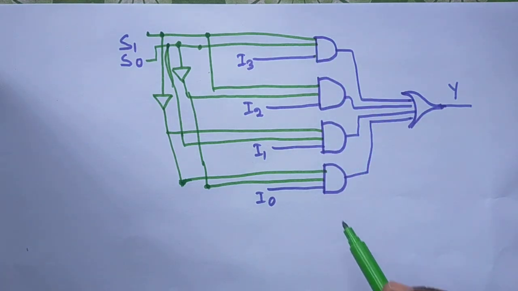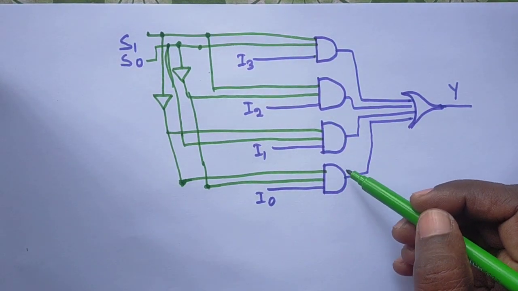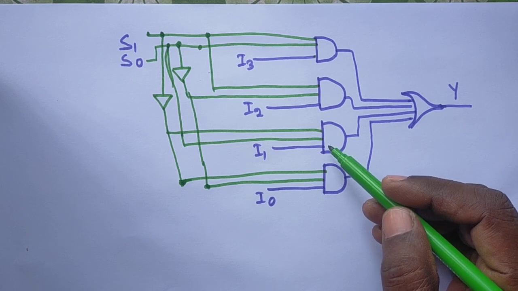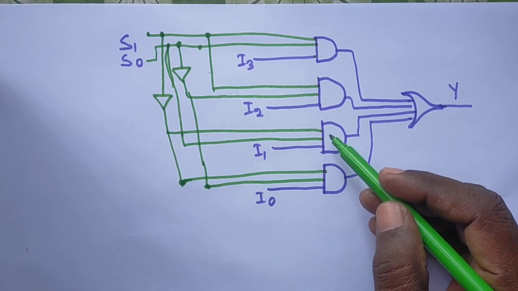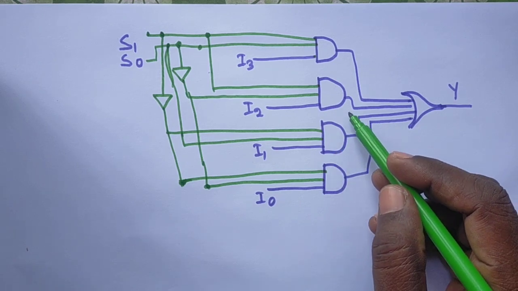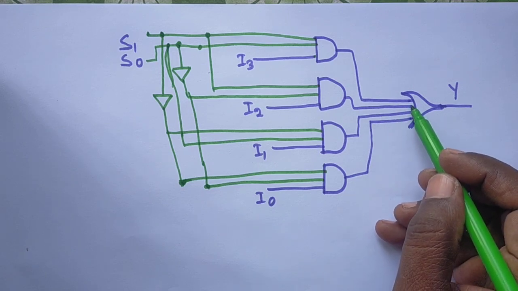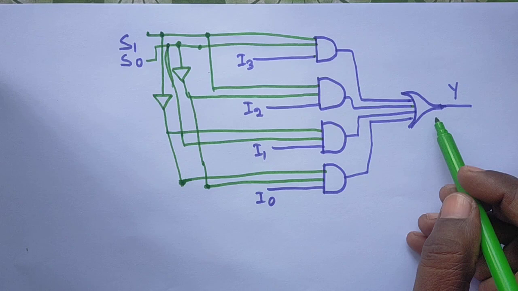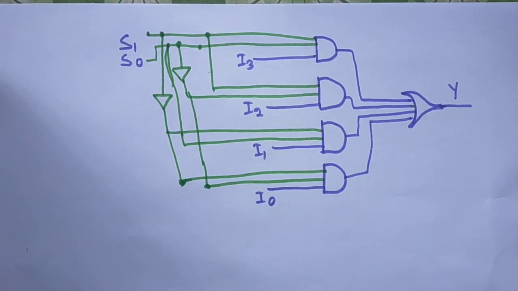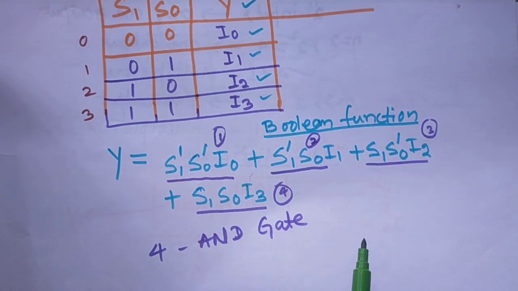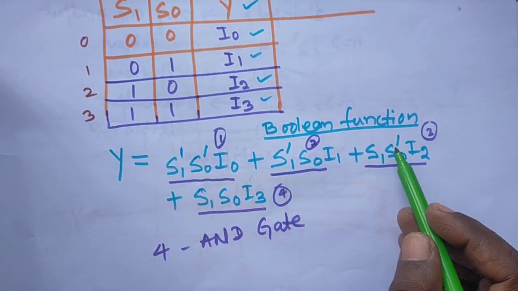Whenever these four AND gates receive the data, then what happens? They release the data, one output, which is considered as the four inputs to the OR gate, because we have already discussed it has one output which depends on this.